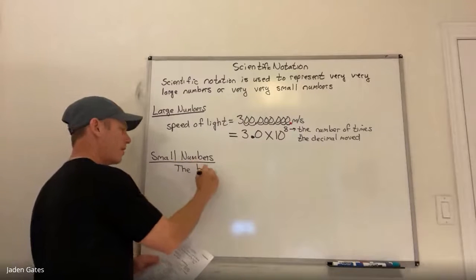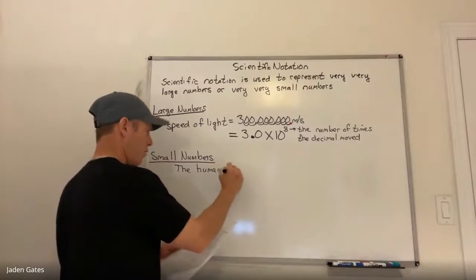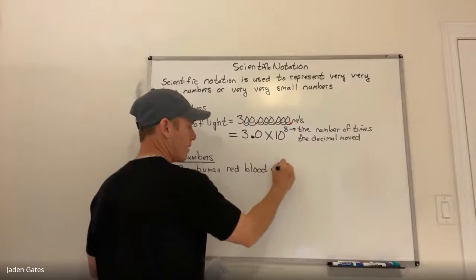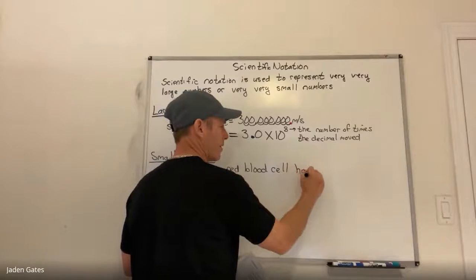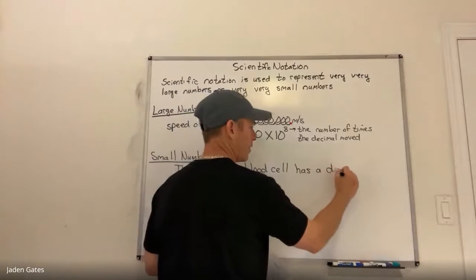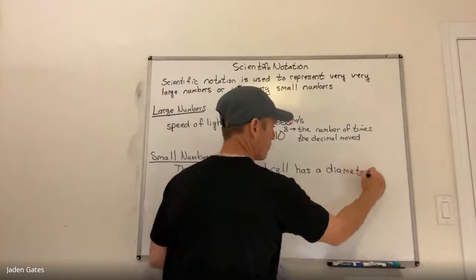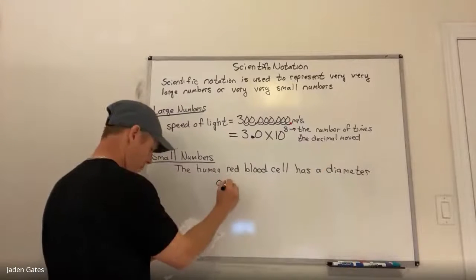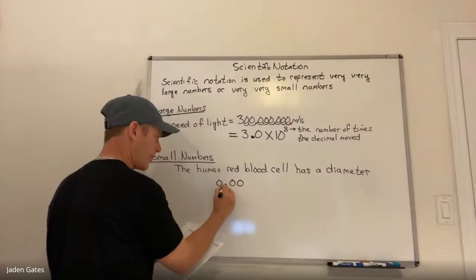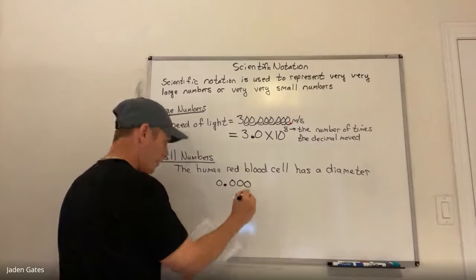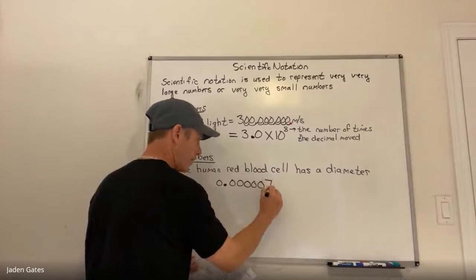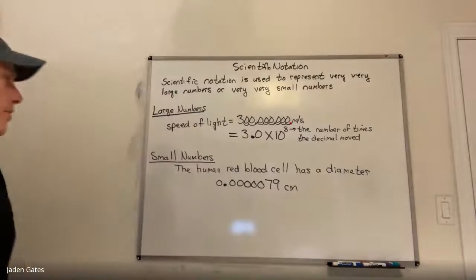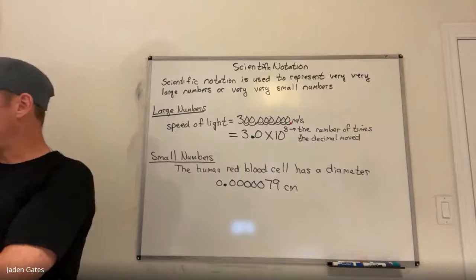The human red blood cell, which we all got, has a diameter, so the distance across it, all right, of 0.0079 centimeters.